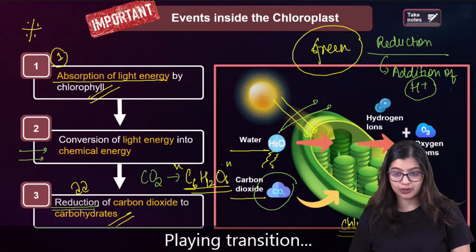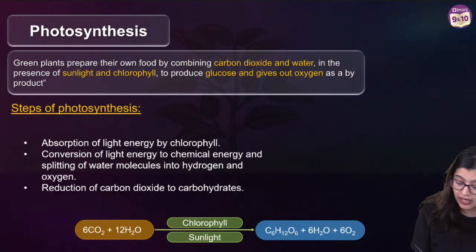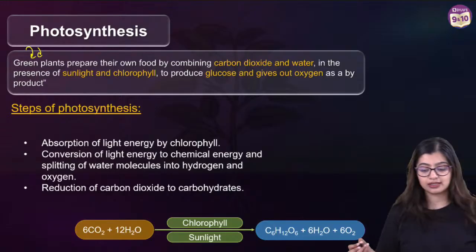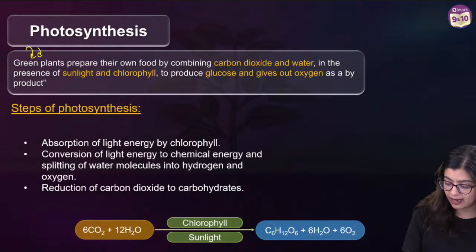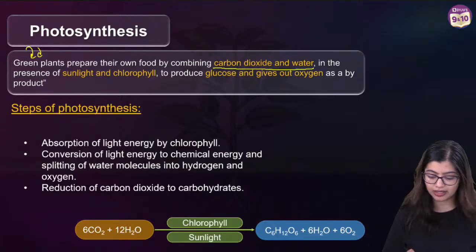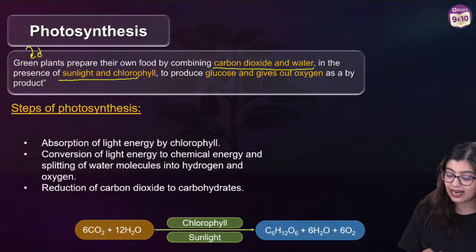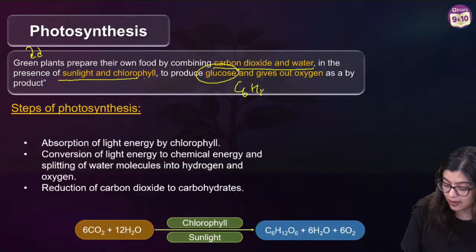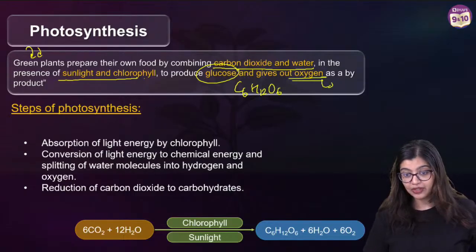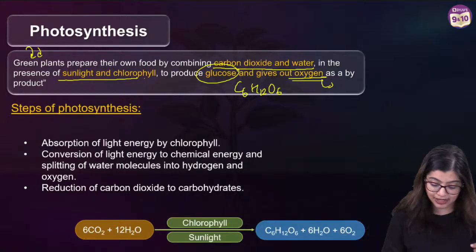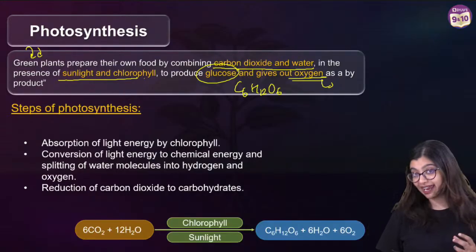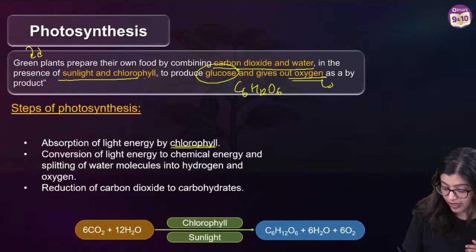So in this particular case, we see that green plants prepare their own food by combining carbon dioxide and water, in the presence of sunlight and chlorophyll, in order to give us glucose, which is a 6-carbon molecule, and oxygen as a byproduct. Now, how exactly does this happen? It starts with the absorption of light energy by chlorophyll. Where am I finding my chlorophyll? In the chloroplast, right?